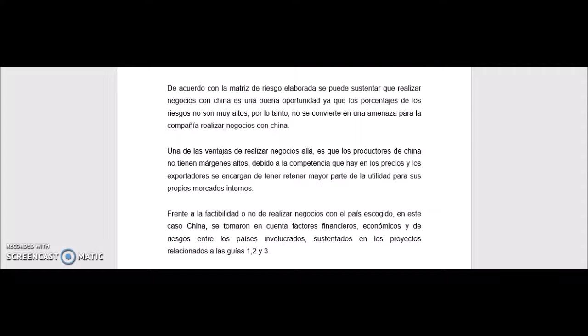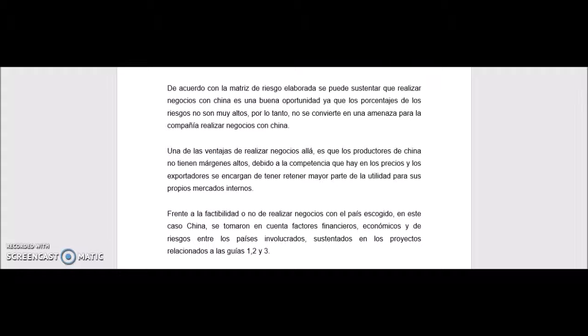Well, basically, to conclude, taking into account all those risks, we can conclude that we can make business with China. It is a great opportunity, as the percentage of the risk is not so high, so it is not becoming a threat for the company to make business with China.